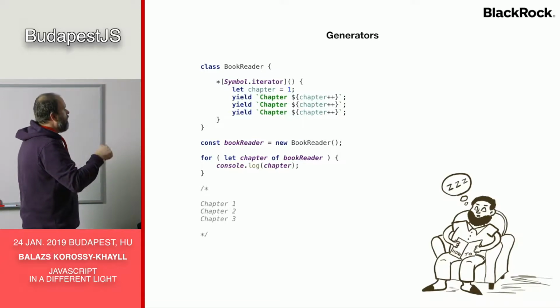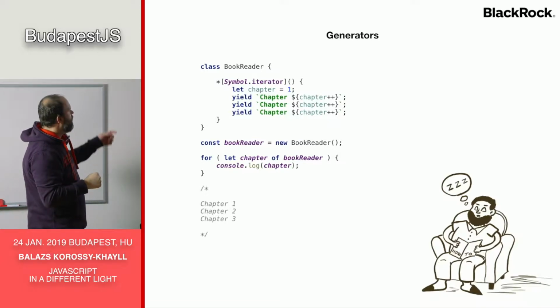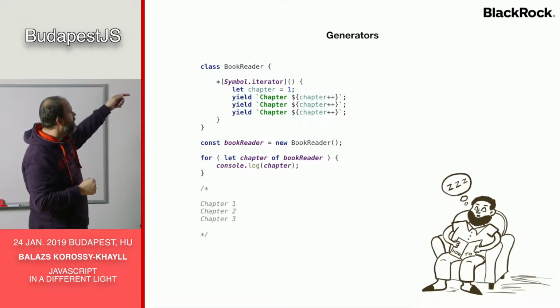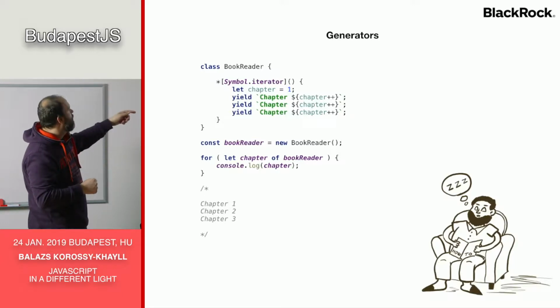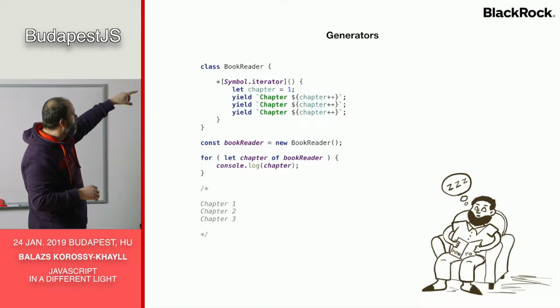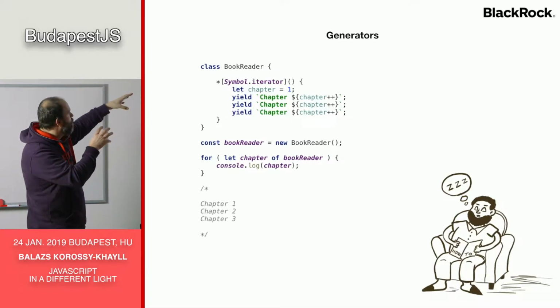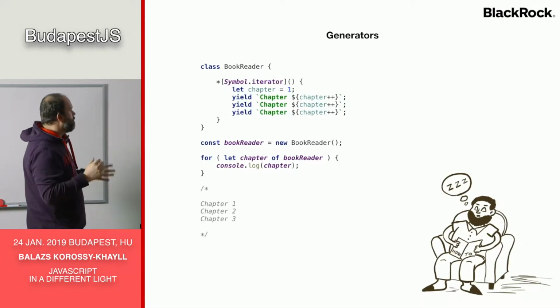The next time next is called, it runs from the first yield to the second yield, and then from the second to the third. In between these things, the context, the variables of the function, is preserved.